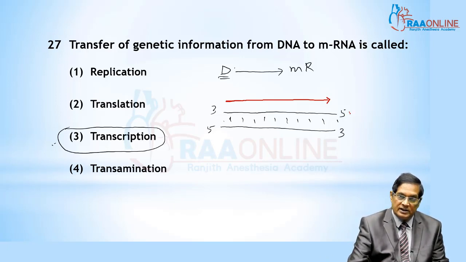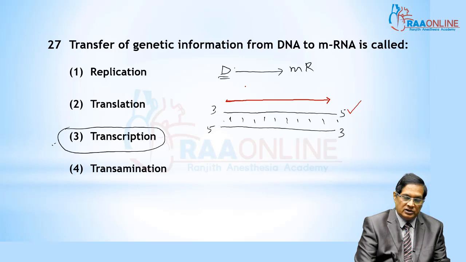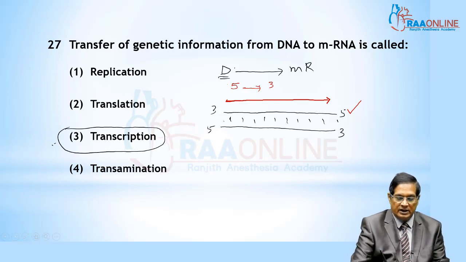So this strand is the template strand, and the direction of formation of the RNA is 5 to 3. The direction of synthesis of RNA is 5 to 3 with the help of RNA polymerase enzyme.